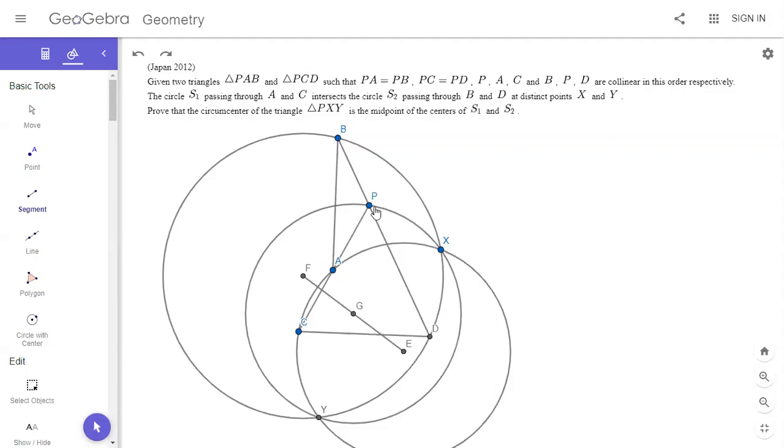So P has the same power with respect to both circles, because PA times PC is equal to PB times PD. So P has the same power with respect to the big circle and the small circle, but it doesn't lie on the radical axis. I think that's because one power is -1 times the other power.